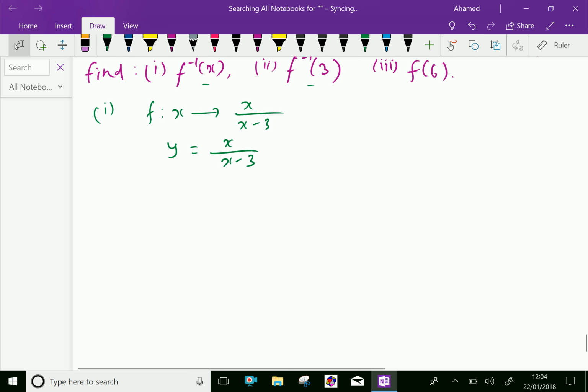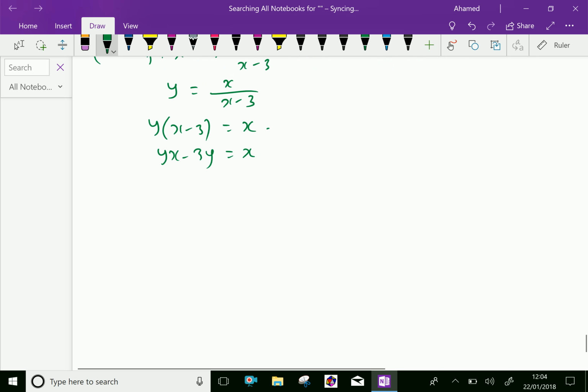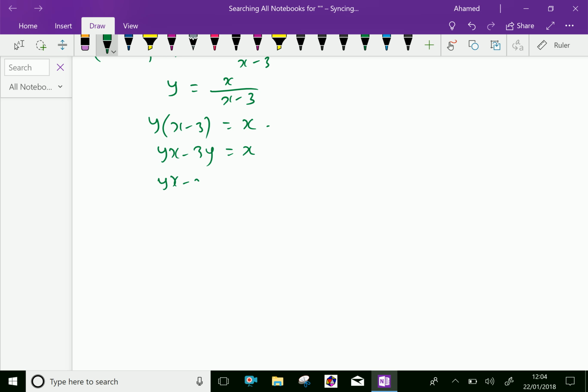Get the value of x in terms of y. Cross multiplying, y times x minus 3 equals x. Now yx minus 3y equals x. Collect x: yx minus x equals 3y.